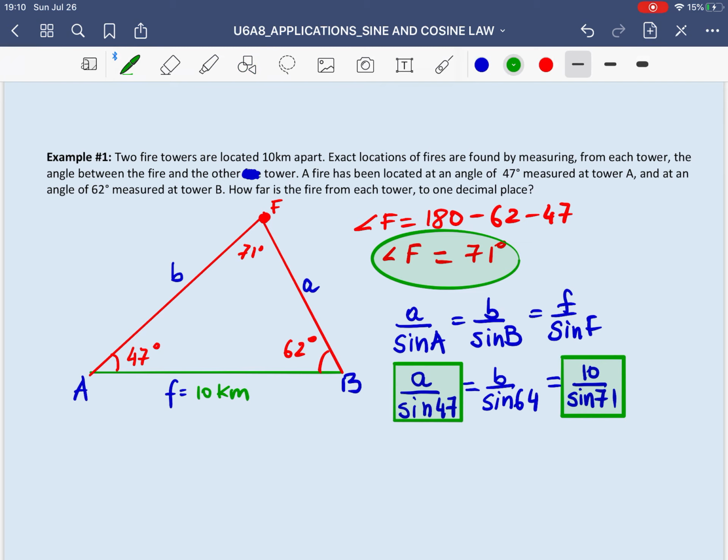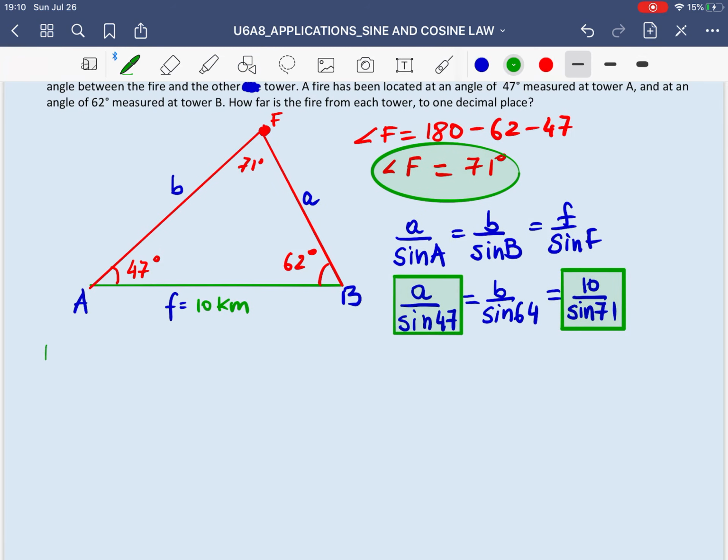So I'm going to write the equation here on the side. To find A, I'm using A over sine 47 equals 10 over sine 71. Whenever you use the sine law, remember you have to cross multiply. That's kind of easy in here because it's very straightforward.